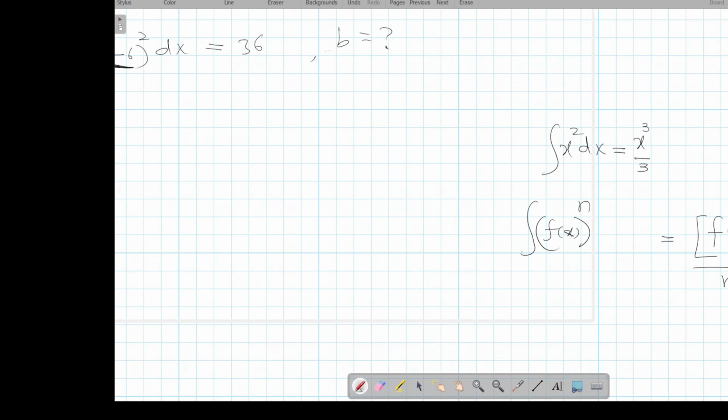But you need to keep one thing in mind: if we have some other function inside the exponent, then the availability of the derivative is important. If the derivative is available, then you can integrate. This is again the reverse chain rule.